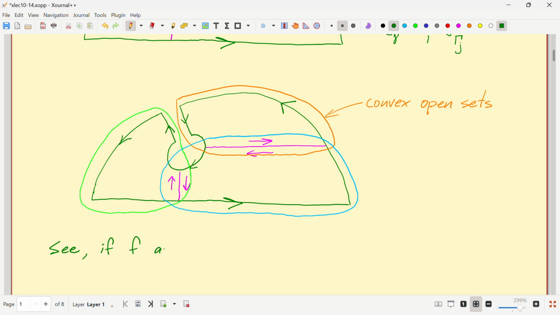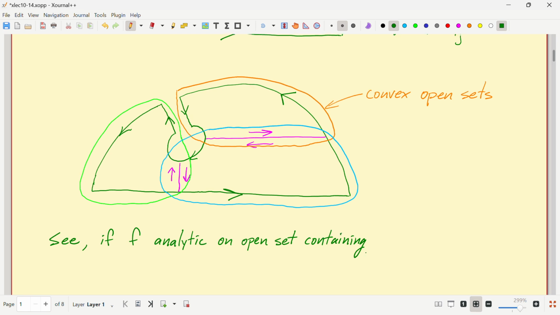Have I said what I mean by inside and on? If f is analytic on an open set containing gamma and its inside, usually you can just see the inside. I'm not assuming the Jordan curve theorem here because this is such a simple thing that you can see the inside and the outside.